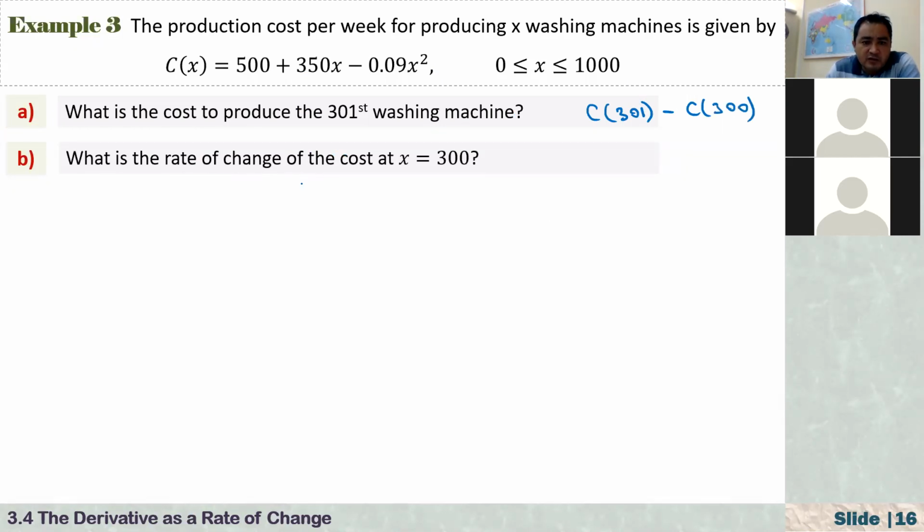And how about the rate of change of the cost at x equals 300? That means you have to differentiate C, and that gives the marginal cost at 300, okay? It's just a different interpretation, that is how it is used in economics.